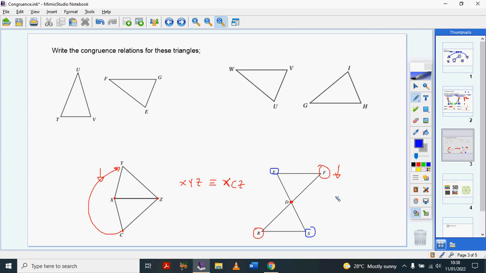So therefore, DEF must be equal to, if I go from D to E, in the other triangle I'll go from D to S to R, triangle DSR.